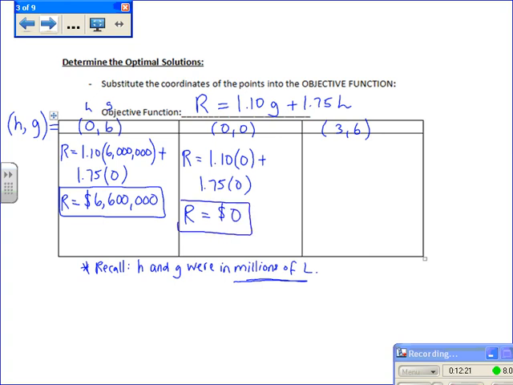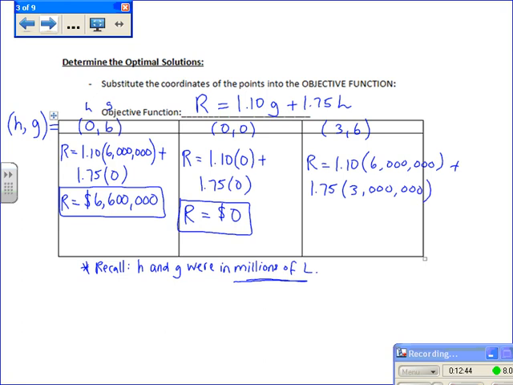Okay, there's my revenue. And the last point, revenue is going to be equal to $1.10, again, times 6, but remember that G and H are in millions, so that's 6 million. Plus $1.75 times 3, but again, that's in millions.